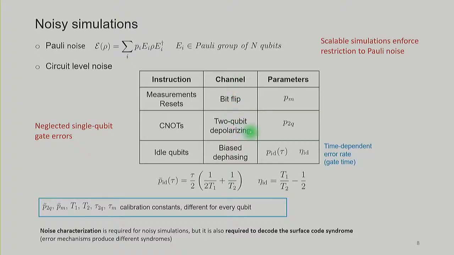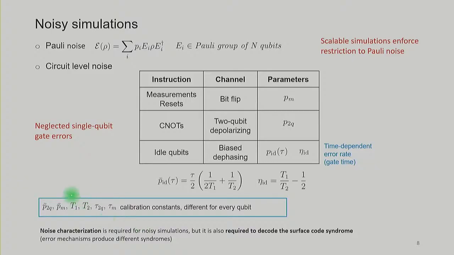And also we apply idle errors on idle qubits with a probability which is proportional to the time during which the qubit is idle, and with a bias that is phase flips are more dominant than bit flips, which depends on the coherence times.